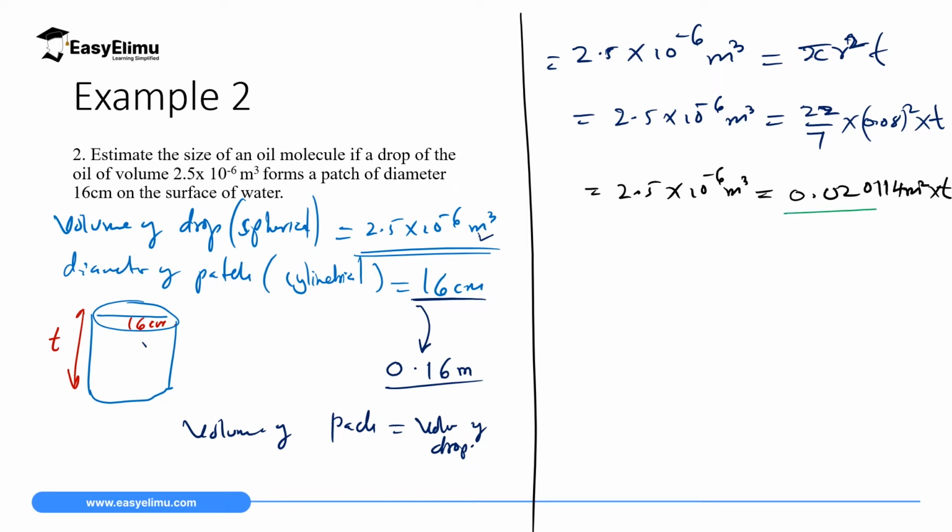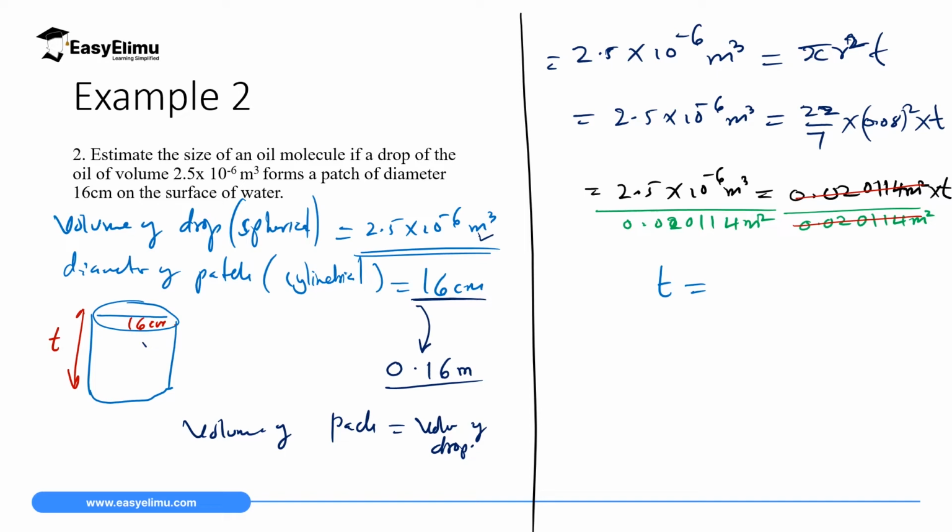Then if we want T, we will divide both sides by 0.02014 square meter. On the right hand side, that one will go like that. Then we will remain with T, that is the thickness of the drop.